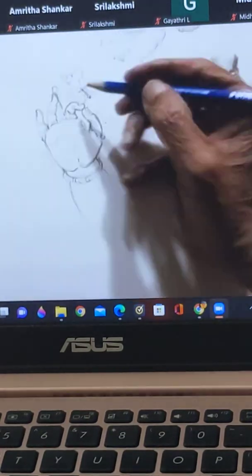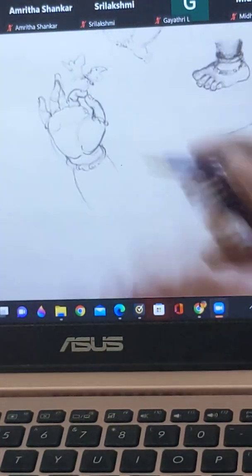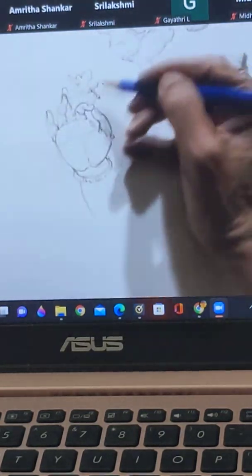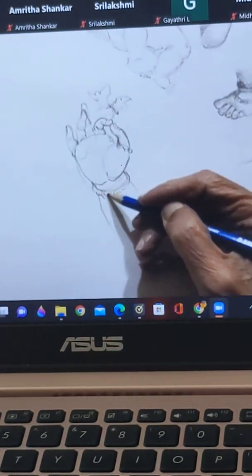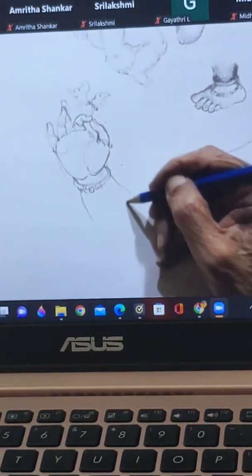Make sure every part of the body looks round and do not make it look bony.